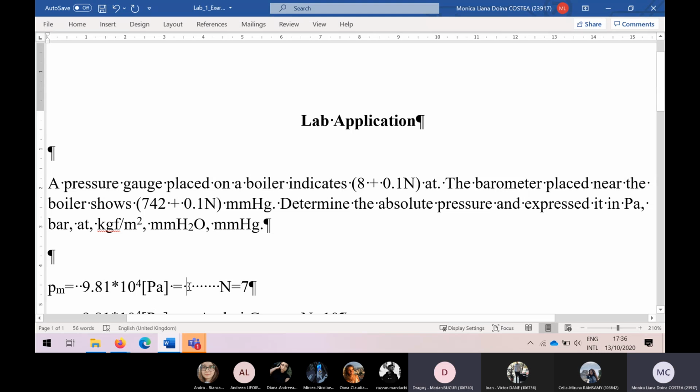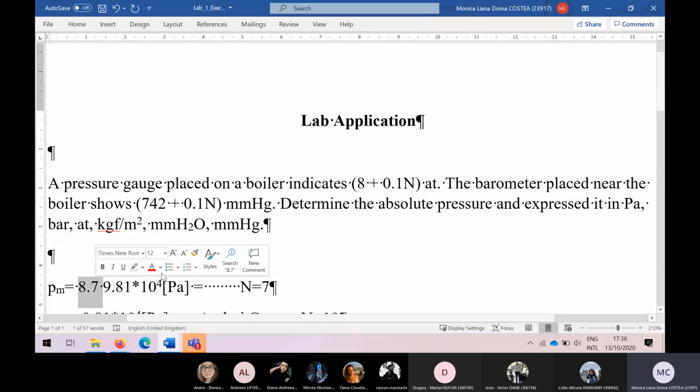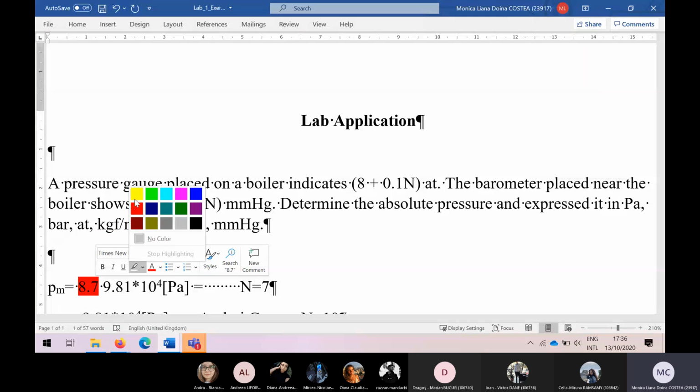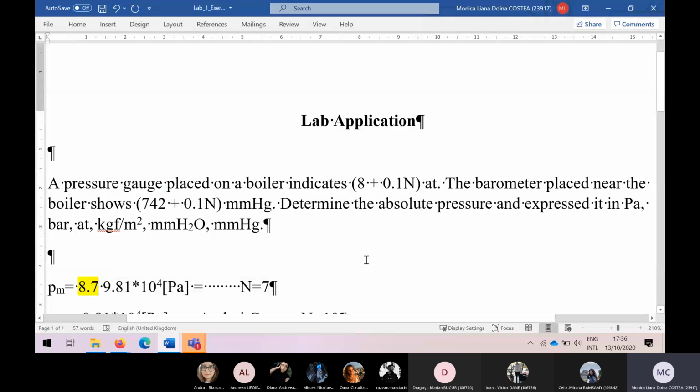So the pressure gauge is 8.7. Okay, 8.7. I will put it in yellow in order to show each student that it should be different for each of you, but the passage in Pascal is the same.